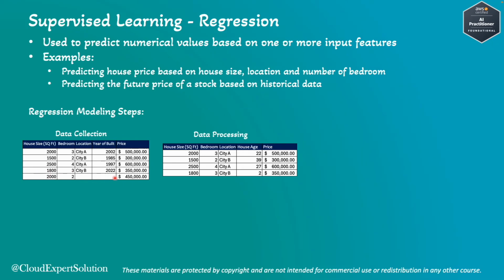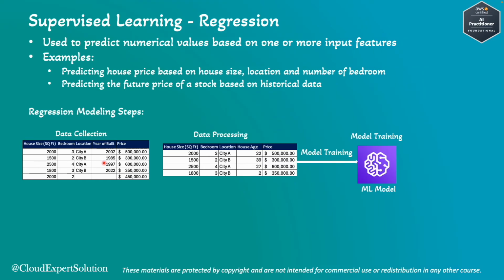For our example, we have eliminated it. Then we have year of build, with all those years. But year of build does not seem like a very important parameter for our pricing. That is why we have calculated house age from that. So it's an example of feature engineering that we are going to cover in a separate section. Part of the data processing is preparing the data for model training.